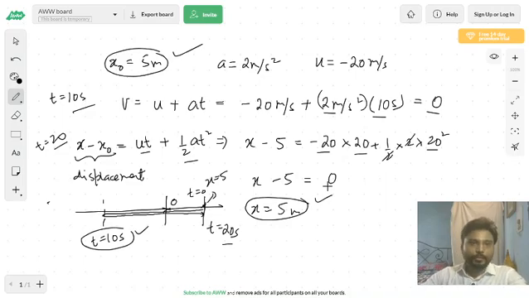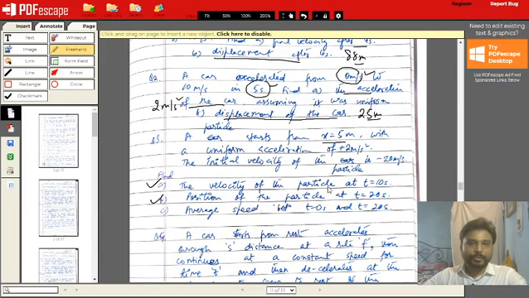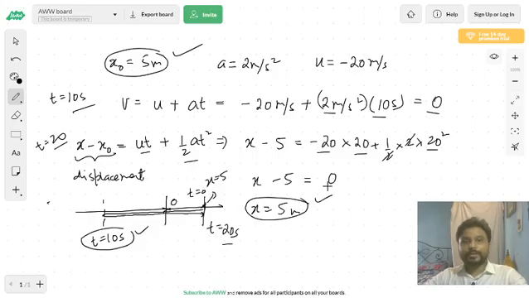Now let us move on to the third part of the question, which asks us to find the average speed between 0 second and 20 second. So how to find the average speed between 0 second and 20 second? As you can see from our visualization, the particle must have reached some point, and the distance it covered going from the origin to this point would be doubled when it traveled back.